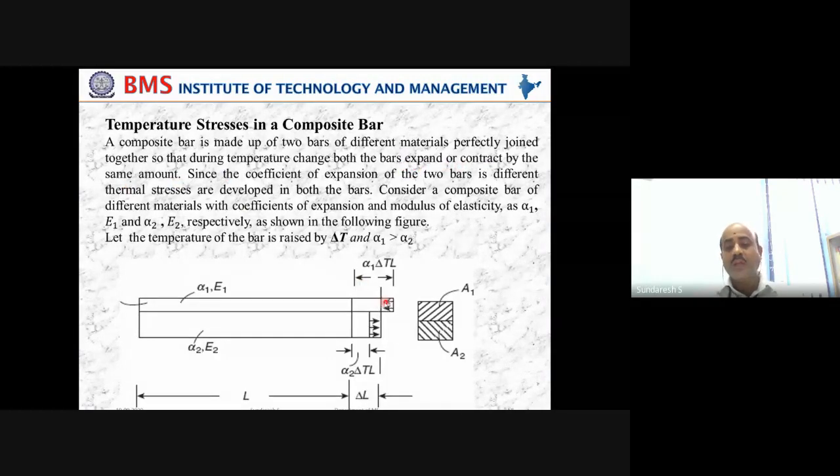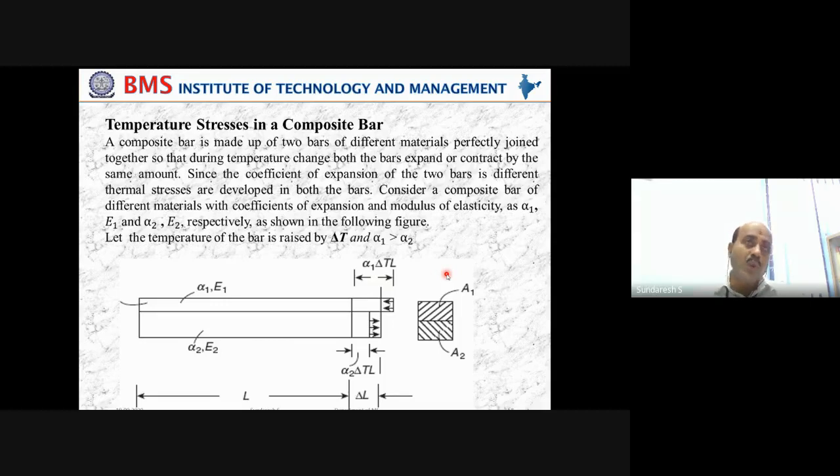So here what happens is that material 2 starts preventing material 1 from undergoing a free expansion of alpha 1 into delta T. What I mean to say here is that material 2 itself will act as a constraint or restraint to prevent material 1 from undergoing a free expansion of alpha 1 into delta T into L. What does it mean?